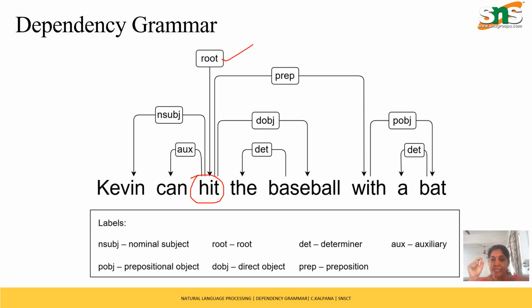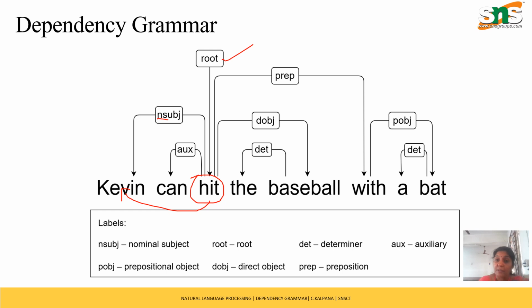You just question it. You have identified hit as the root word. Who hit it? Kevin hit it. So Kevin becomes the subject. We say nsubj, where n is nominal, the first person. Important.